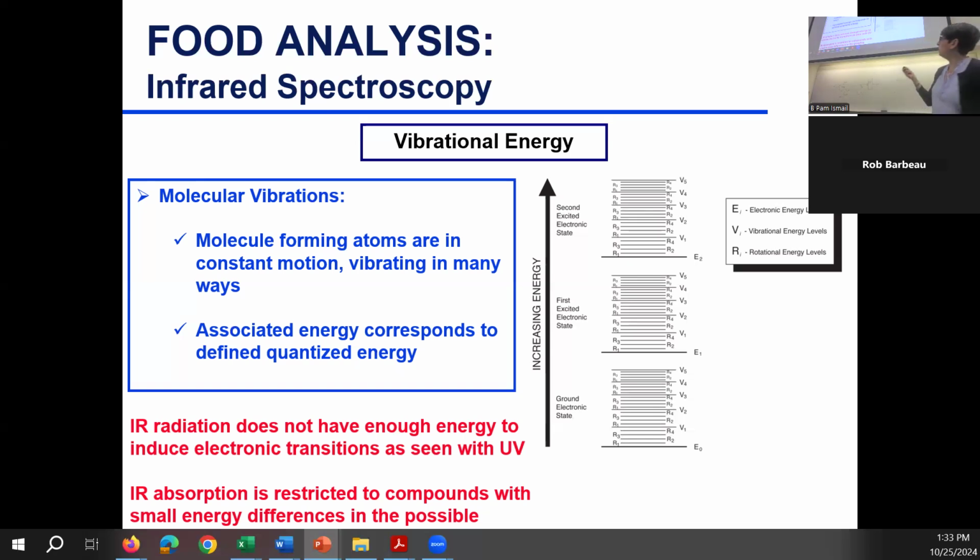So the molecule cannot go from the zero level electronic to the first or second level electronic when we're only giving it IR radiation. It's weak, it won't cause an electronic change. It will cause a vibrational change. Okay, that's what everything on this slide says.